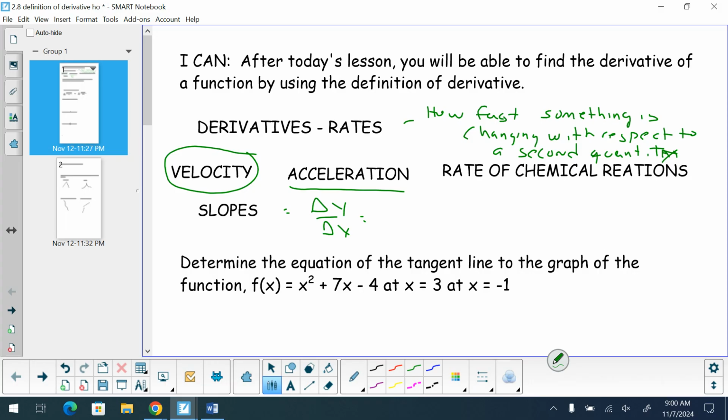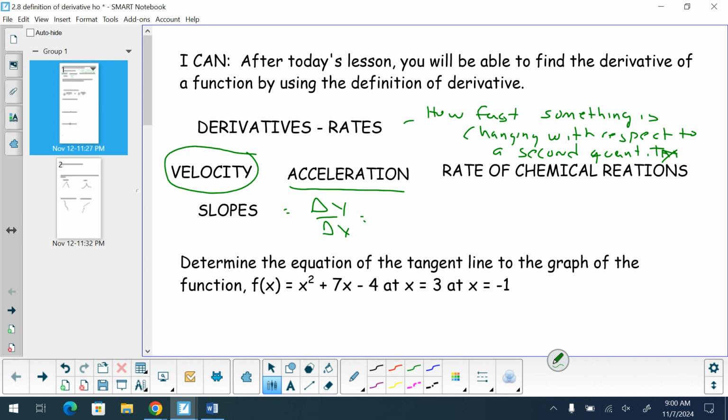And what we have talked about already in this class, we finished up the last chapter, is we found the equation of a tangent line. If we found the equation of a tangent line, we needed a point of tangency, which we were able to calculate. And also, we needed a slope.